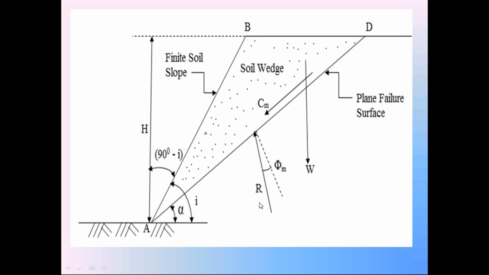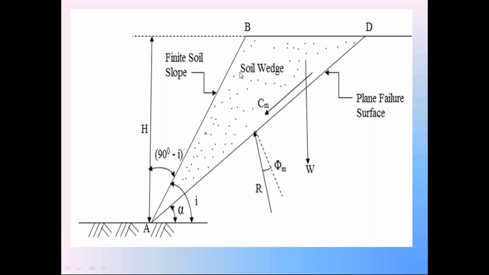Third one is R. R is called the resisting force from this failure surface AD on the soil wedge. I hope in engineering mechanics, please listen everyone, you studied reaction. I hope you know the reason for the reaction. Here I do not have the time to explain that. So listen carefully. At the time of failure, the soil wedge is moving parallel to this surface AD.